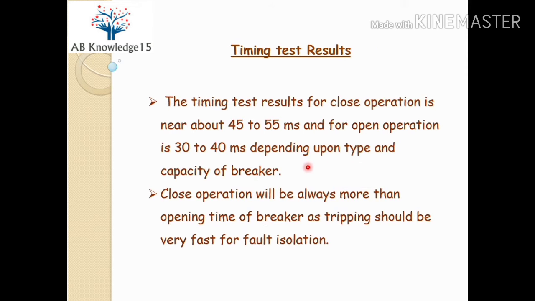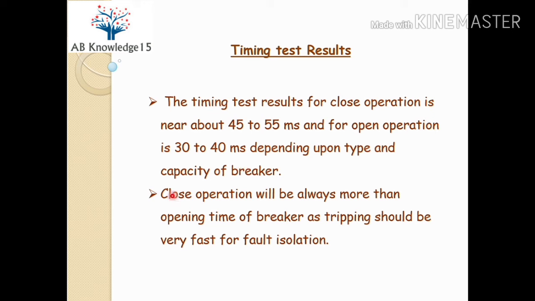Now talking about the timing test results. The timing test results for closing operation is near about 45 to 55 milliseconds, and for open operation is about 30 to 40 milliseconds depending upon type and capacity of the breaker.